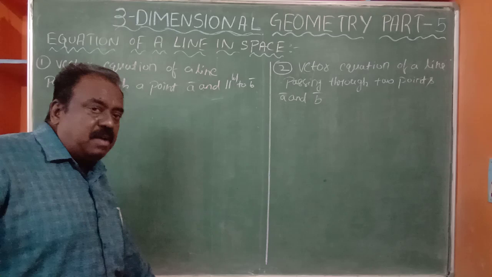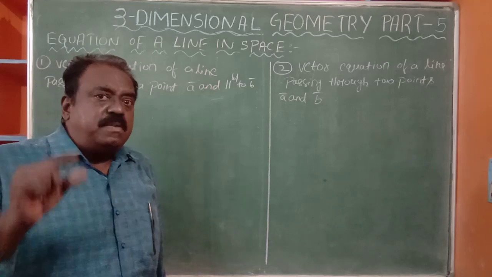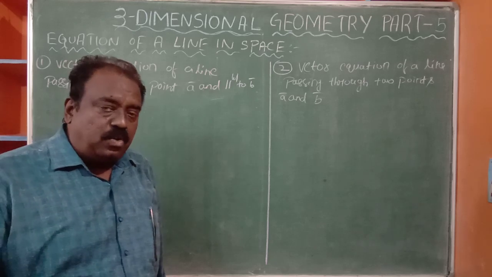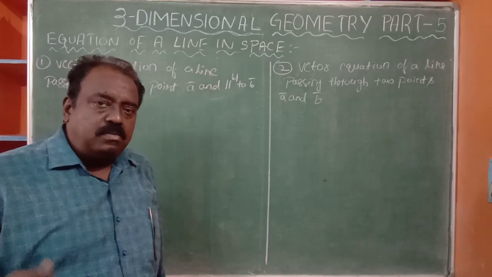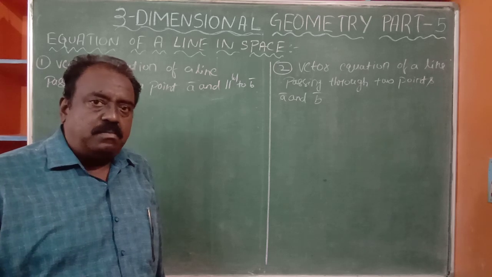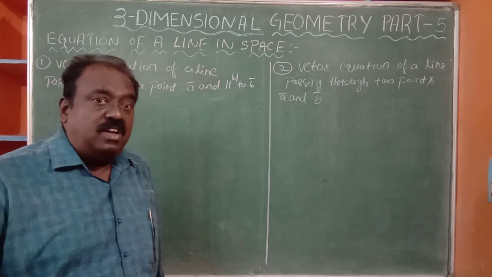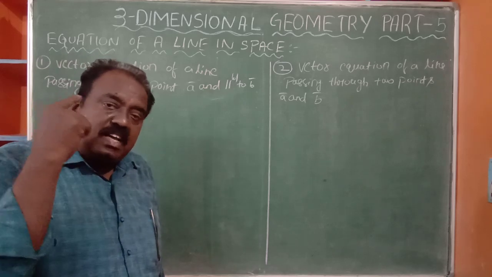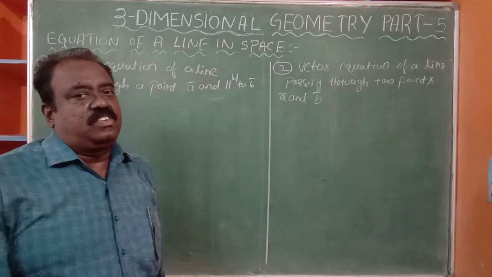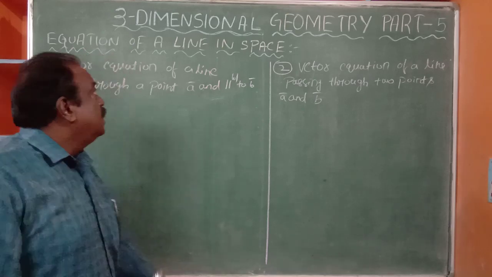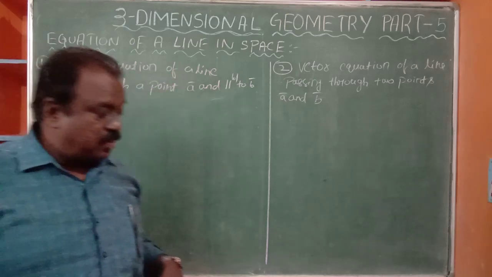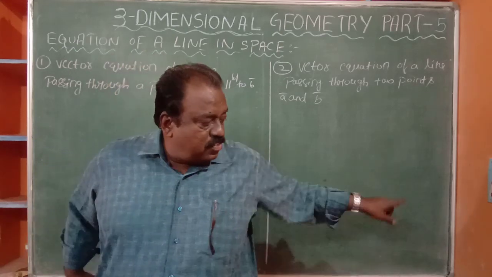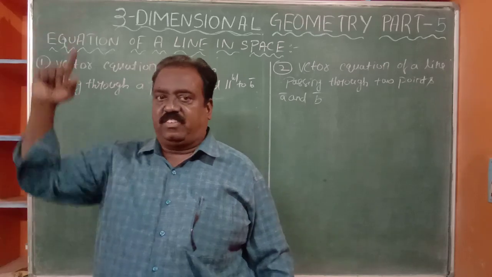Of course, in the first PU, the equation of a straight line is there: ax plus by plus c is equal to 0. Normal form, intercept form, 2-point form, slope-intercept form, like that. But there, that straight line is in 2 dimensions, only the x-axis and y-axis. But here, it is a line in space. Already many times we discussed, there is the x-axis, the y-axis, and the z-axis.